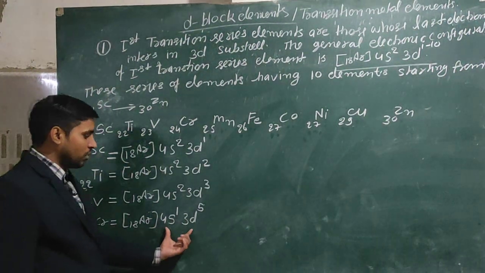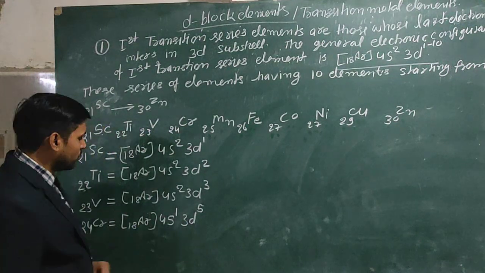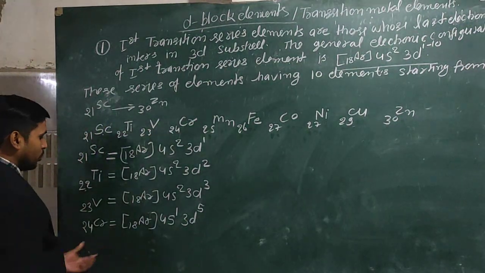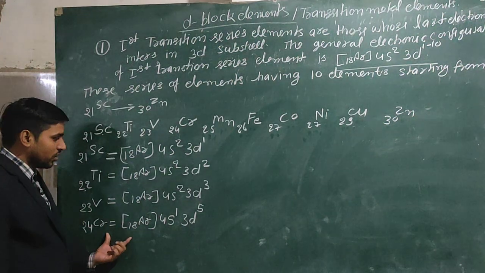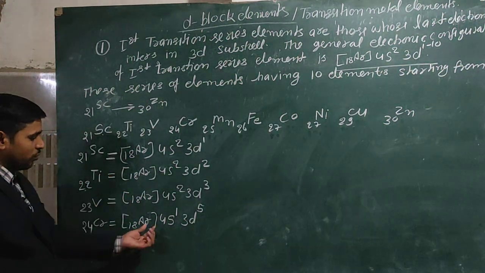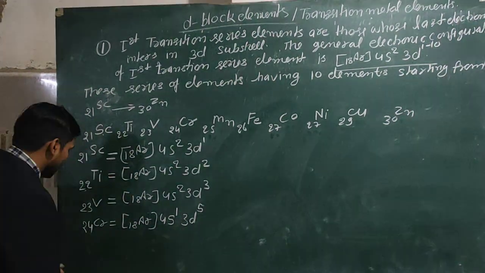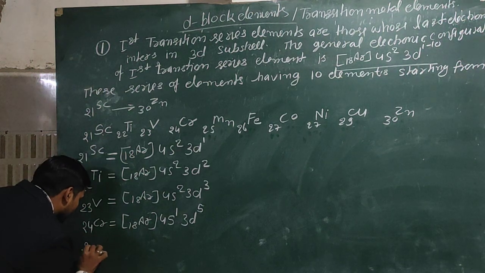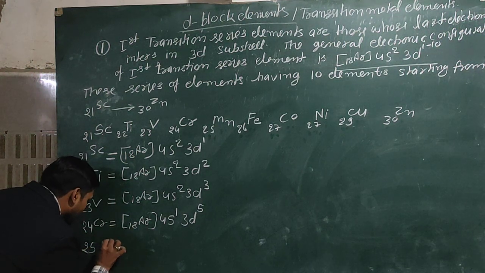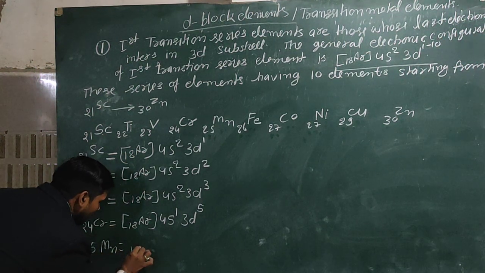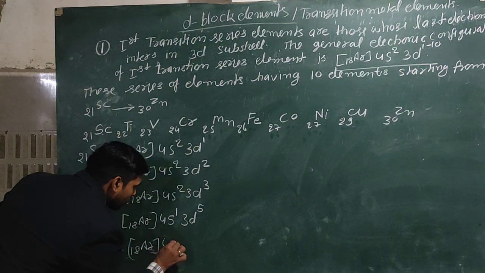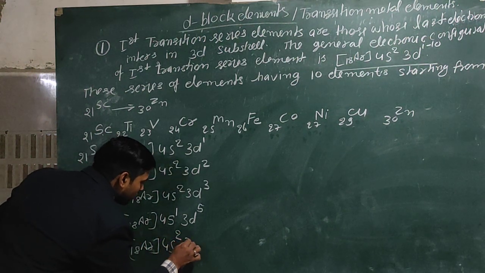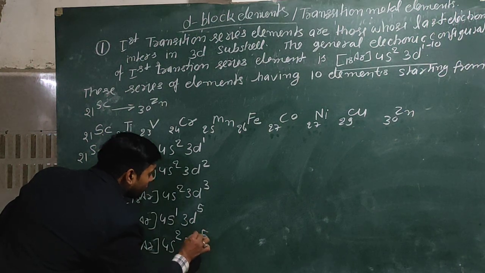Half filled orbitals are more stable as compared to others, so it becomes half filled and its electronic configuration differs from the previous pattern. It becomes 4s1 3d5. 25, manganese, whose electronic configuration is [Ar] 4s2 3d5.